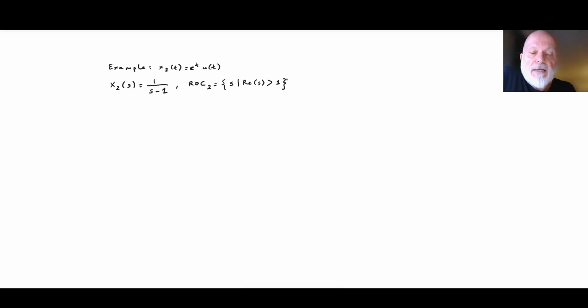So in this case, it is clear that X2 of omega, that means the Fourier transform of x2 of t, does not exist.